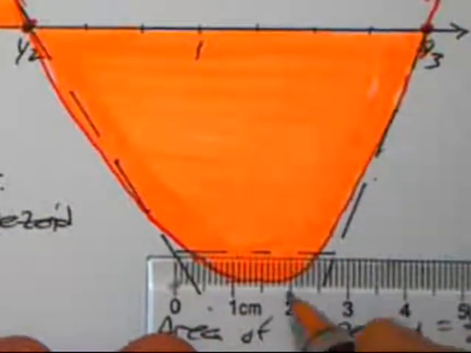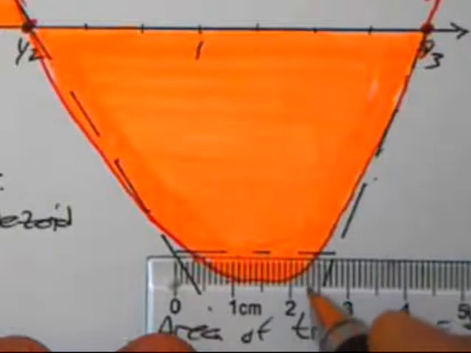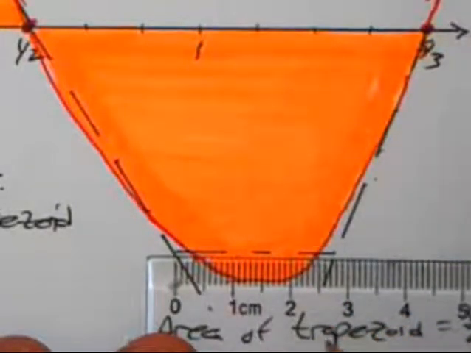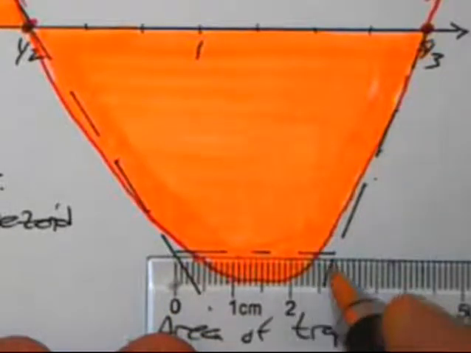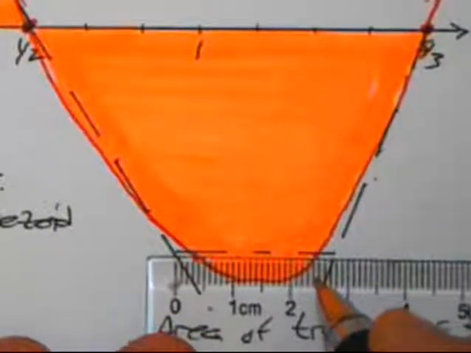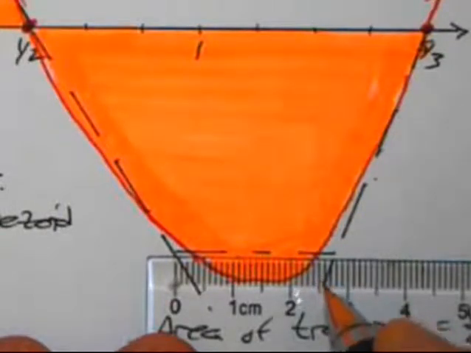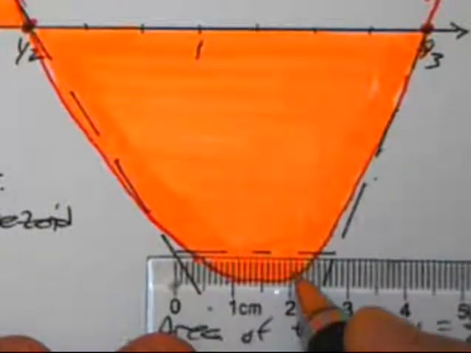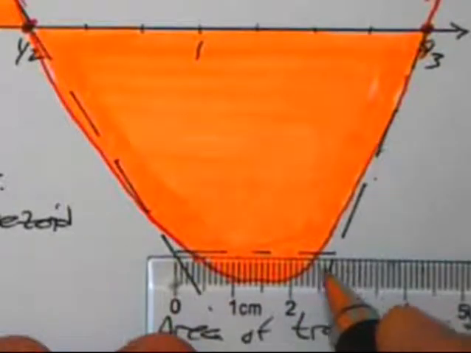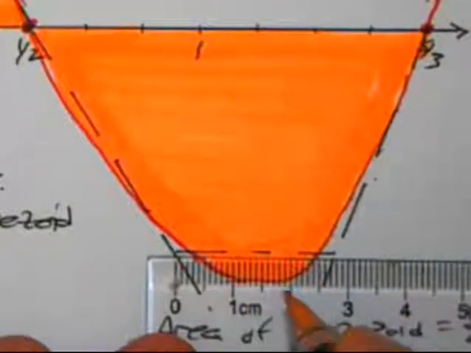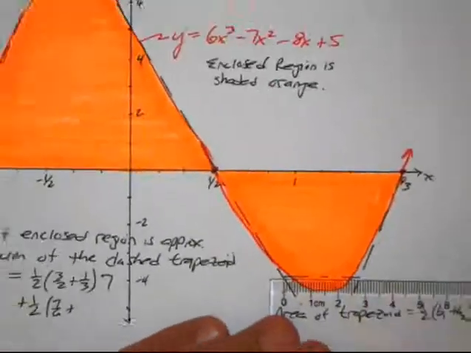So a sixth is like 0.16, so say 3/4 of that would be about 0.12. So we'll say 1/3 plus 0.12, that's 0.33, 0.45.